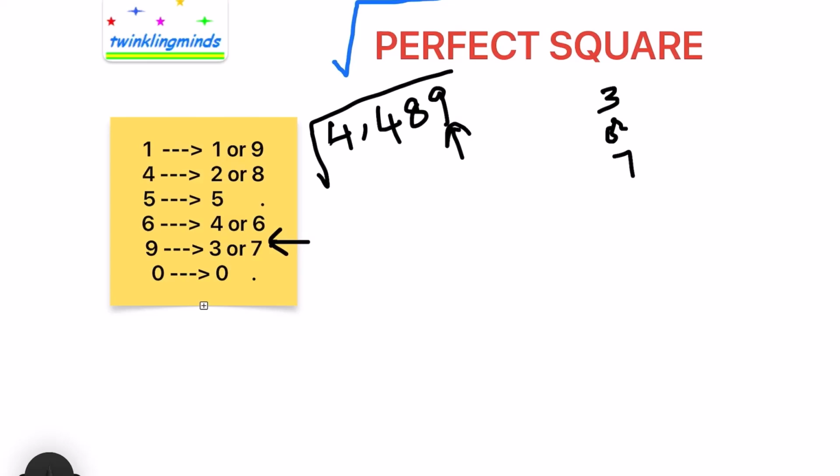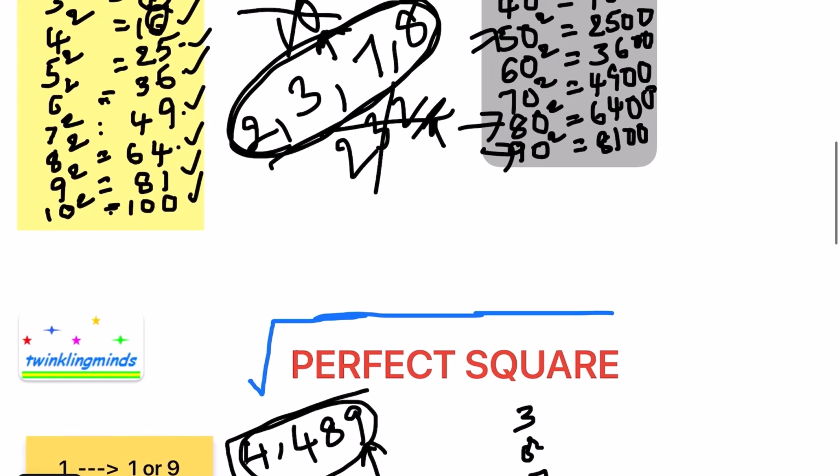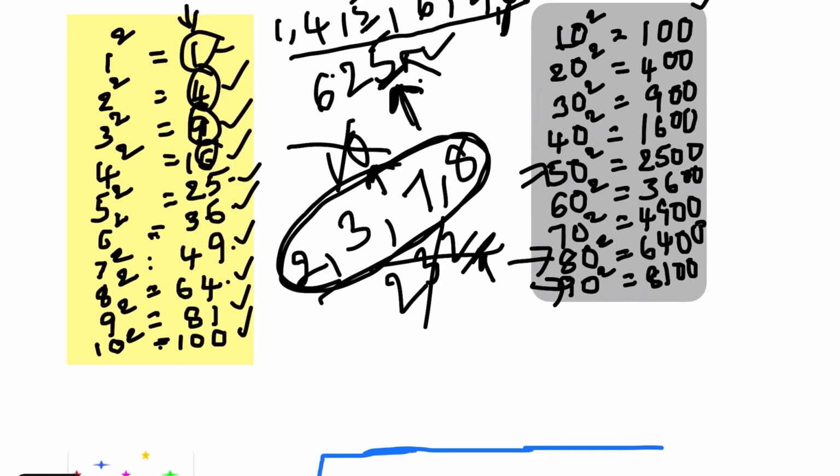Now we will see where 4,489 is going to fit. Let us look at the second table. It is going to be between 60 square and 70 square, right? 4,489 is between 3,600 and 4,900.